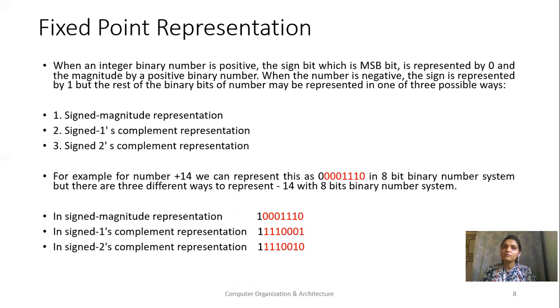When we have an integer binary number, how can we find out whether the number is positive or negative? We can find out by its MSB bit. If its MSB bit is 1, that represents that this number is negative, and if its sign bit is 0, that means the number has an MSB bit of 0, so this number is positive.